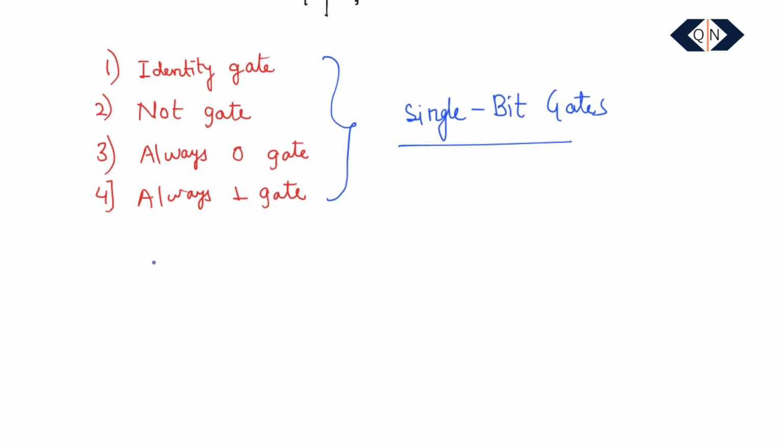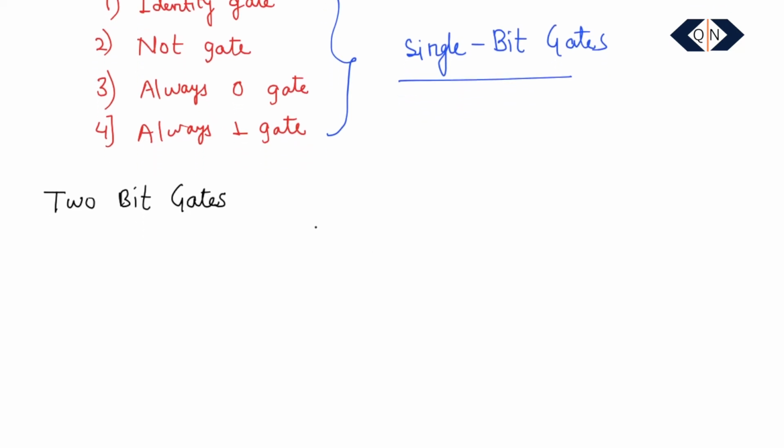Now let's move further and talk about 2-bit gates. By the name itself, you can assume that it will have two inputs.